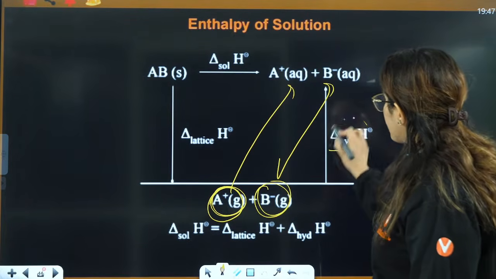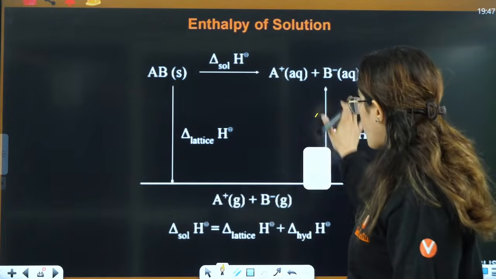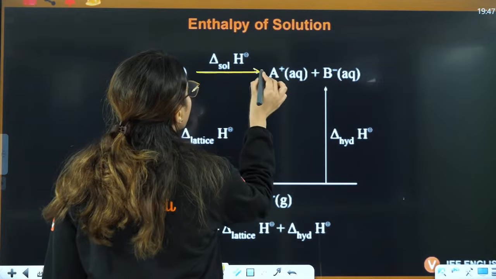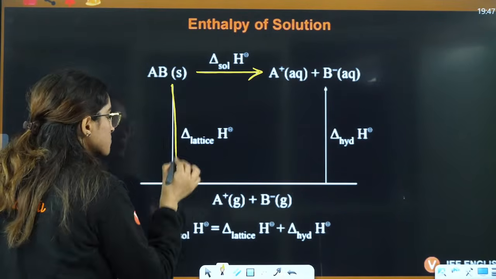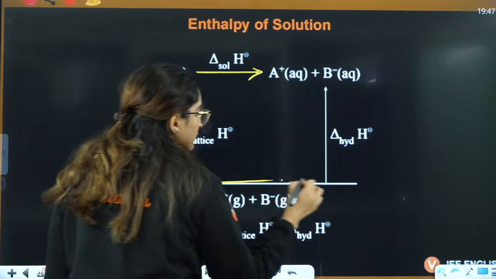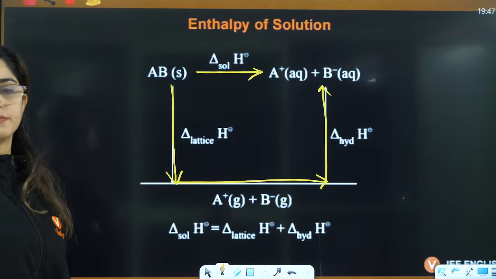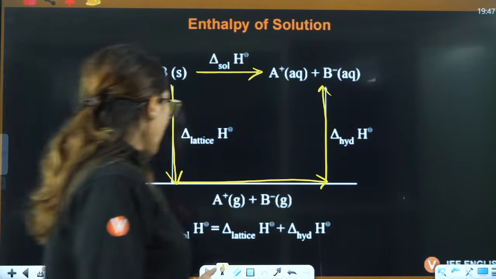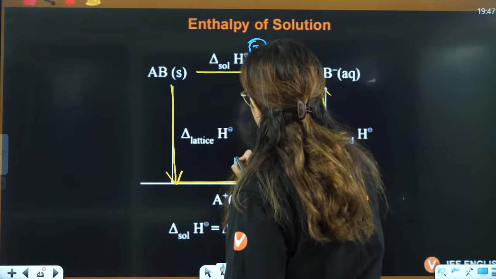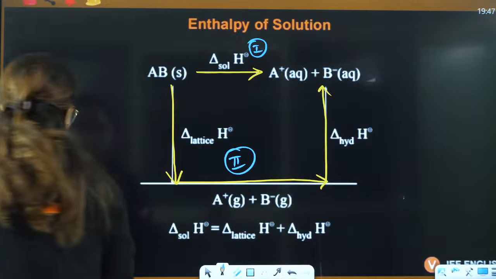This is enthalpy of hydration. So either you can choose this path, or you can choose this path and then this path here. This is path 1 and this is path 2, whatever you can choose here.